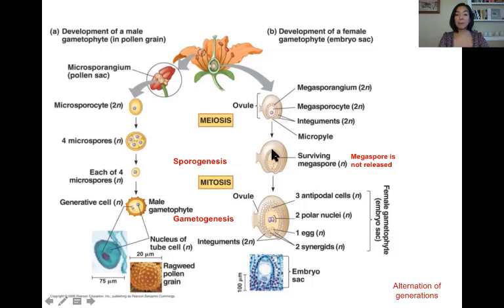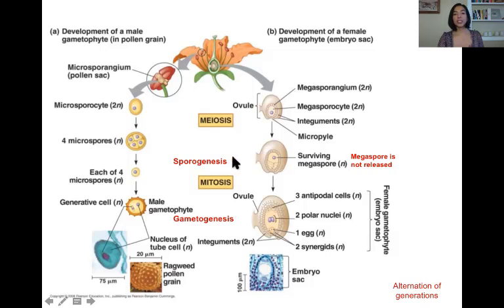In contrast to what happens in the female part, all of them get formed and developed into microspores that later on go through mitosis. You see how we have now 2 cells, and this is the pollen grain, or male gametophyte. Pollen grain is the common name of the male gametophyte, if you want to see it that way.